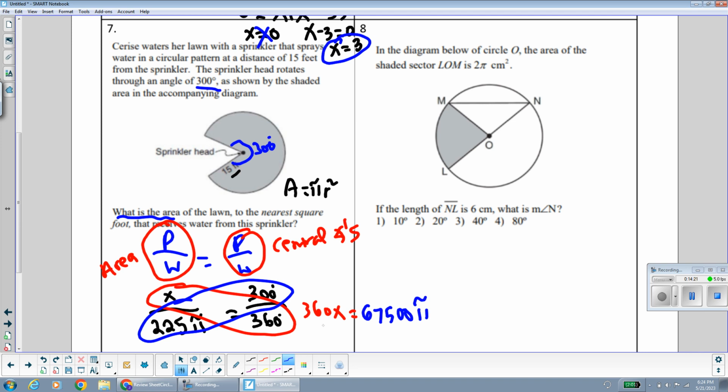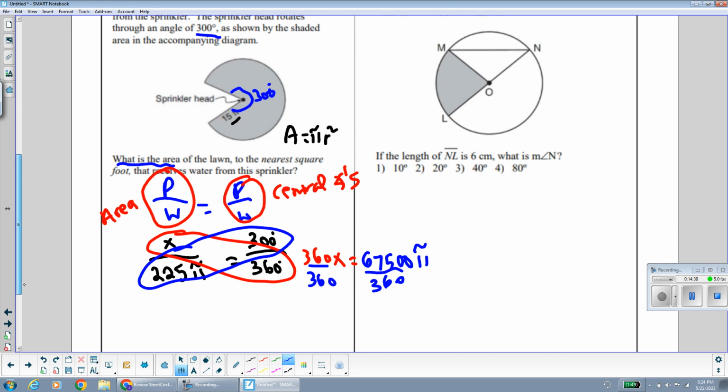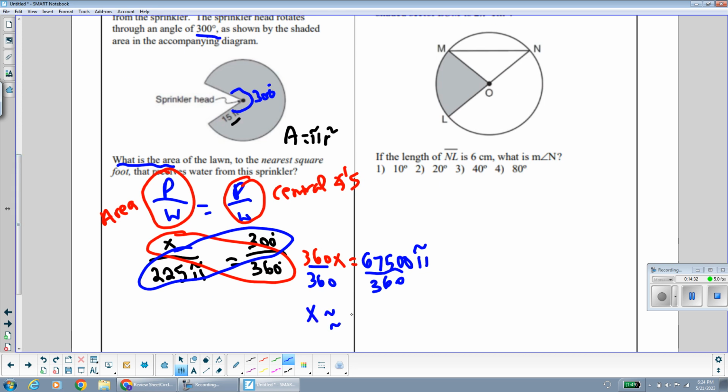And then I'm going to divide both sides by 360. And I got that x is equal to, I shouldn't say approximately, 187.5 pi. The question does say to round to the nearest square foot.